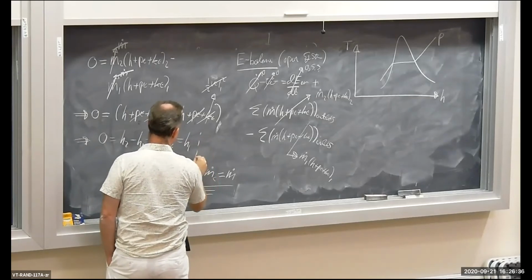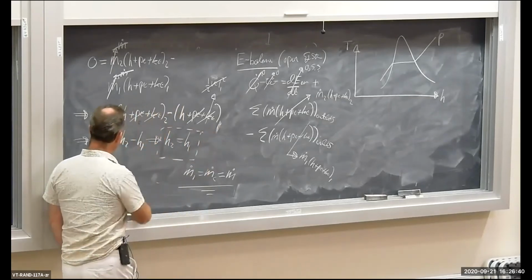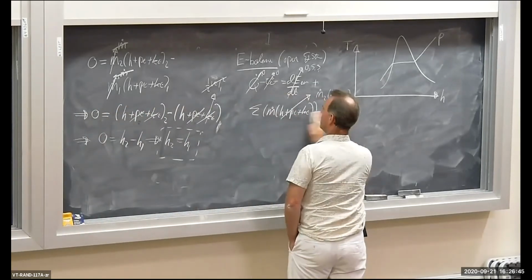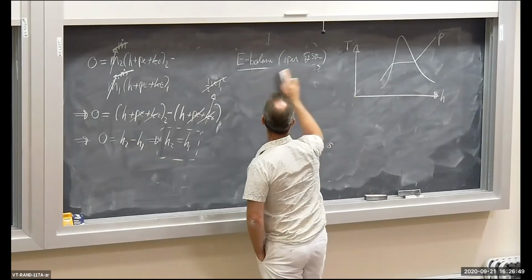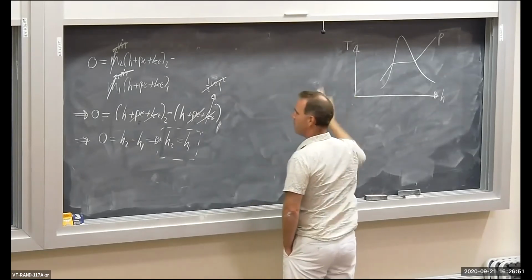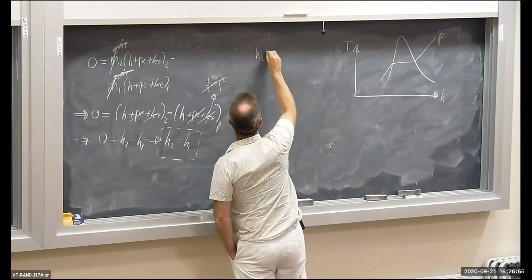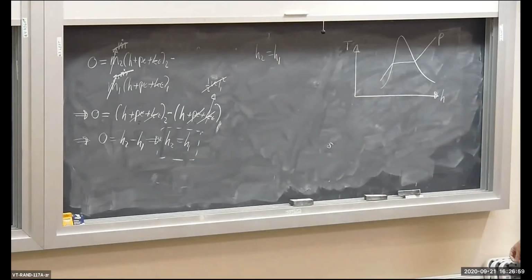I'm going to put a nice dash box around this. This is an important result. H out is equal to H in. So the energy balance tells us that the inlet specific enthalpy and the outlet specific enthalpy are the same. H2 is equal to H1, okay?